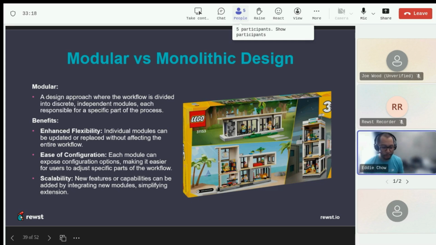It reduces the amount of time we need to figure these things out. So in essence, monolithic design is good at building fast and building small. But once we start growing bigger, once we start scaling, modular design is going to be the approach that we are almost always going to want to take with the automations that we are creating.